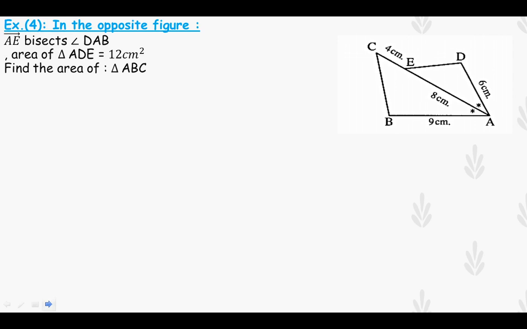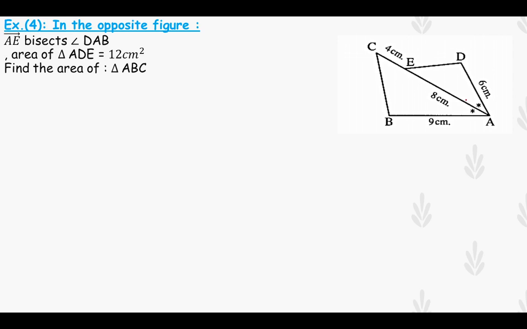Here we want to find the area of triangle ABC, and the area of triangle ADE is given to us, and it equals 12 cm squared. Okay, let's solve it together first.